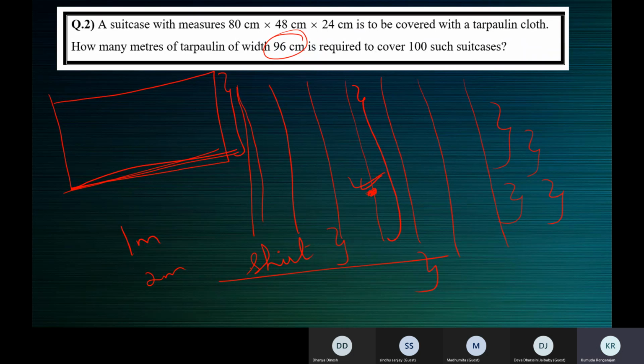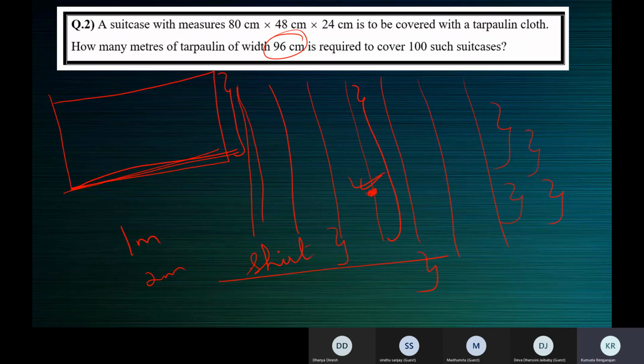So you will ask your tailor. If you have to get a pant and shirt stitched or some other clothing, say a salwar kameez, the tailor will tell you, get 3 meters of the pant material and 2 meters of shirt material. The tailor will take your measurements and tell you how much fabric you need.